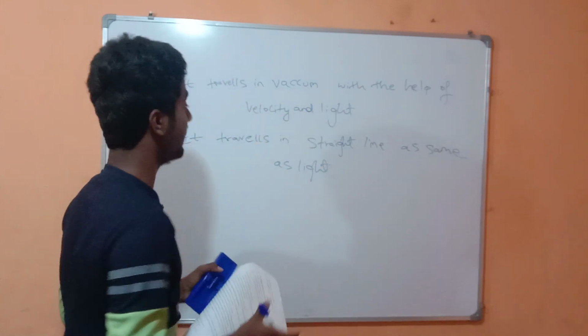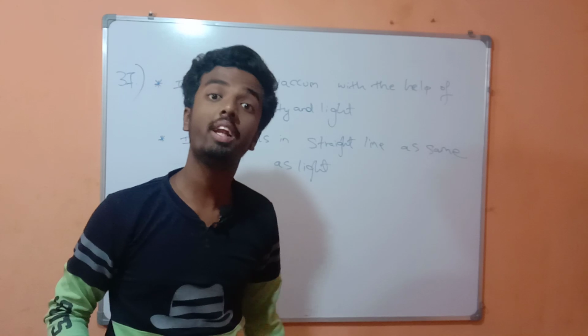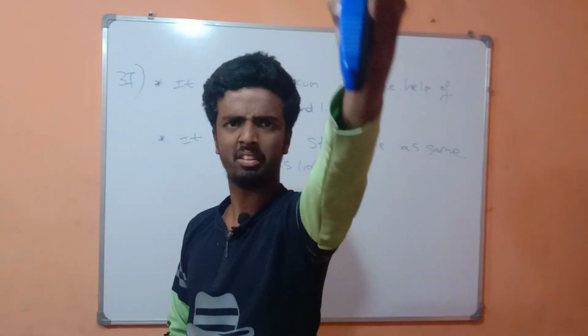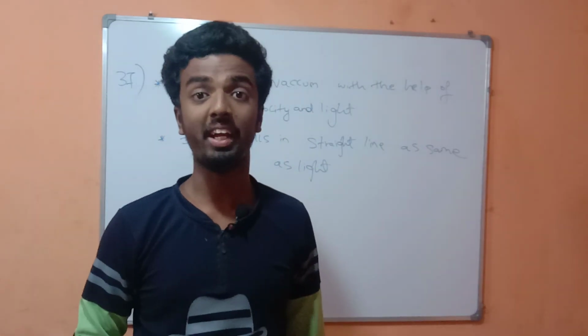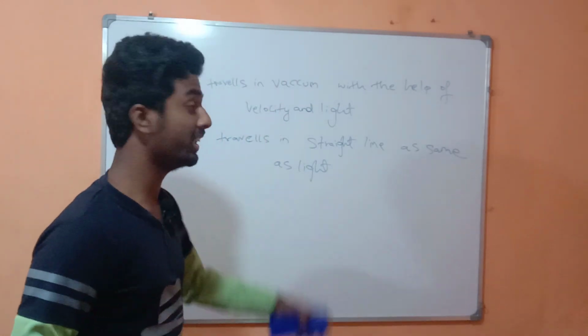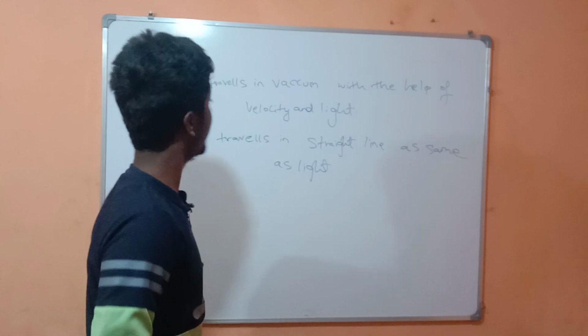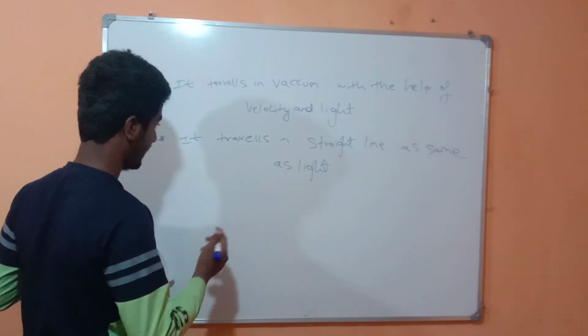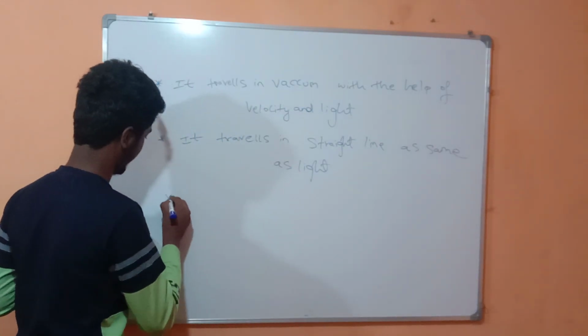It means it will travel in a straight line. How does light travel? It moves in a straight line, at 3.8 into 10 to the power of 8 meter per second. Like that, in a straight line, thermal radiation will also move, children.